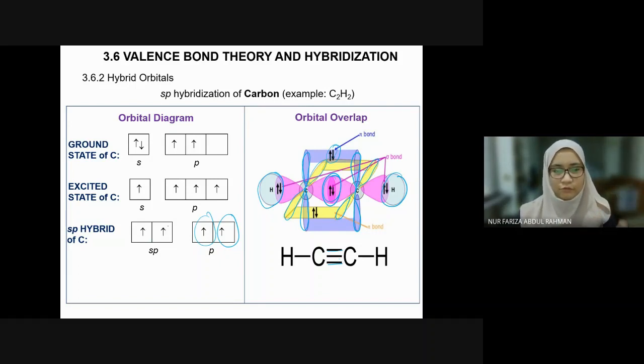So you do it as usual, and later when you see a pi bond, that means you can imagine there should be an unhybridized p orbital, because this unhybridized p orbital will form the pi bond. Faham ya? Okay.